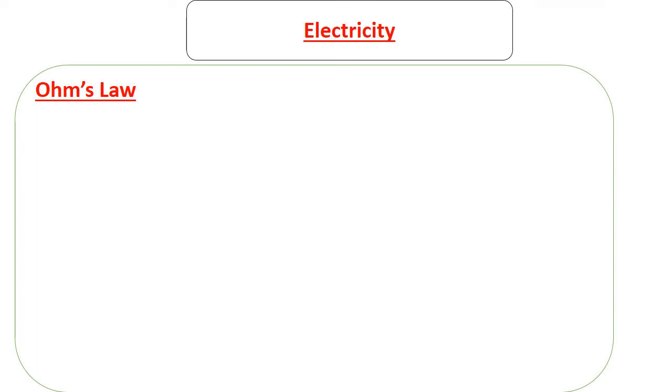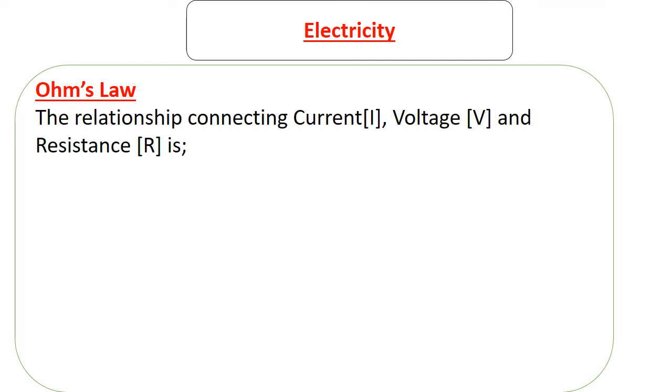Finally, we take a look at Ohm's law. The relationship which connects current, voltage, and resistance is given by what is called Ohm's law, represented by V equals IR. Voltage is equal to current times resistance.